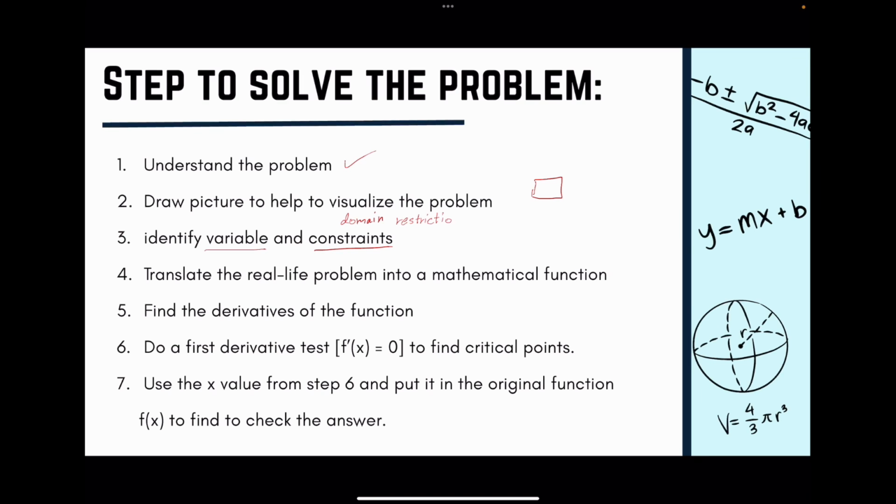Step 4, you can translate the real-life problem into mathematical functions, so you will have functions that you can work with. Step 5, you can take the derivative of the function.